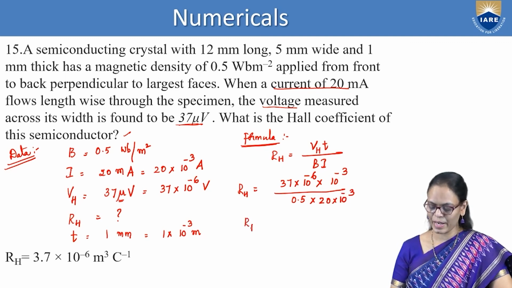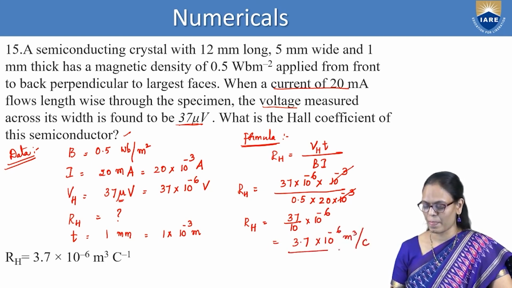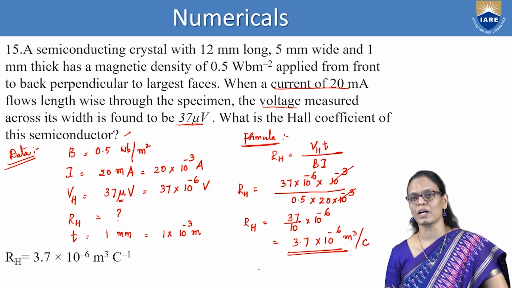So we can simply write R_H is equal to, you have 10 power minus 3, 10 power minus 3 will get cancelled. 20 into 0.5 you will have 10. So 37 divided by 10 into 10 power minus 6. This is 3.7 into 10 power minus 6 meter cube per coulomb. So this is the value of R_H.